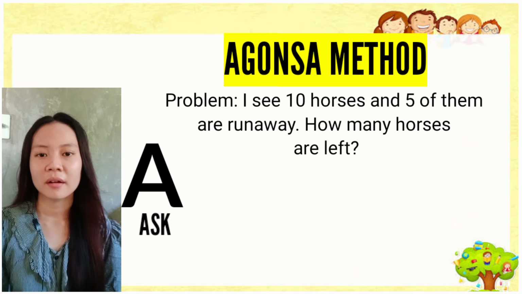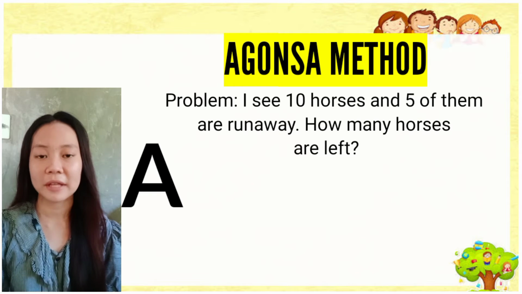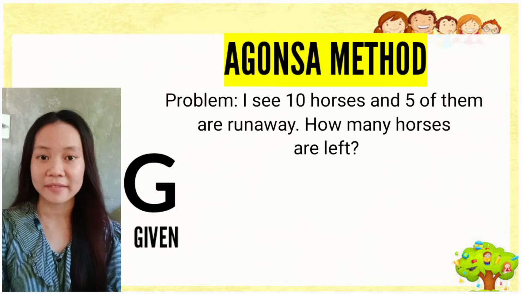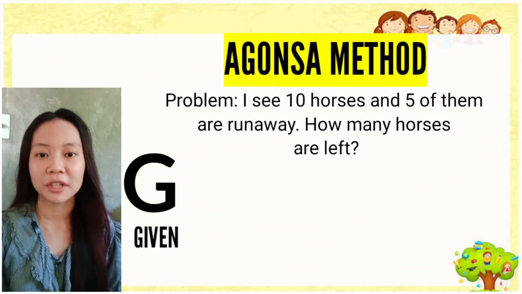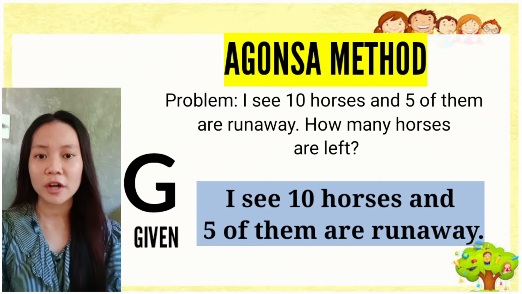What is asked in the problem is how many horses are left. So the next is the given. The given in that problem is I see 10 horses and 5 of them run away. So that is the given.